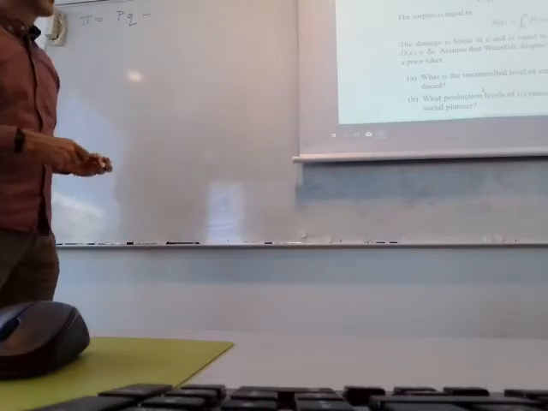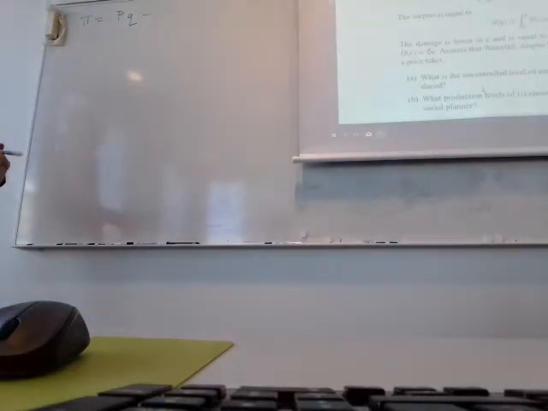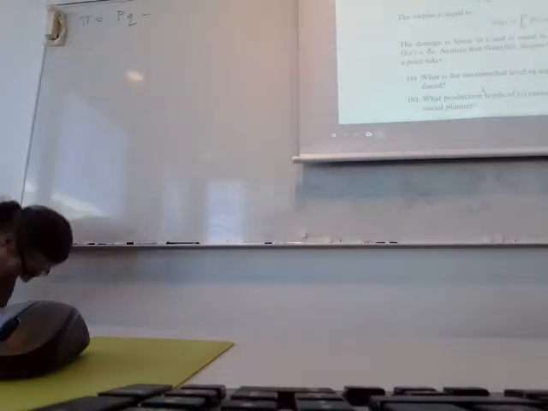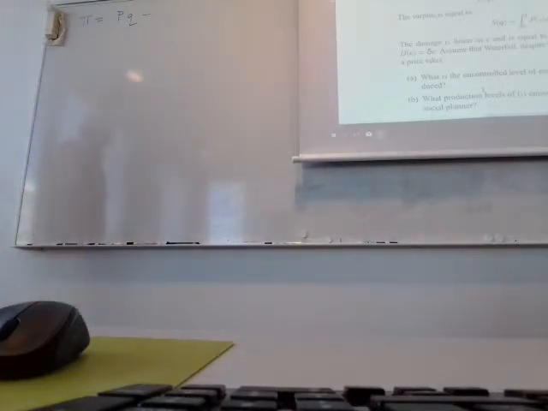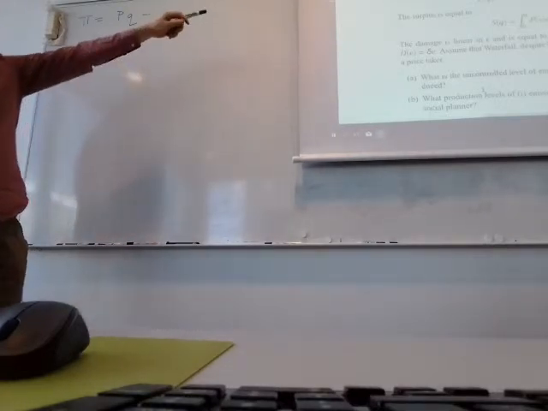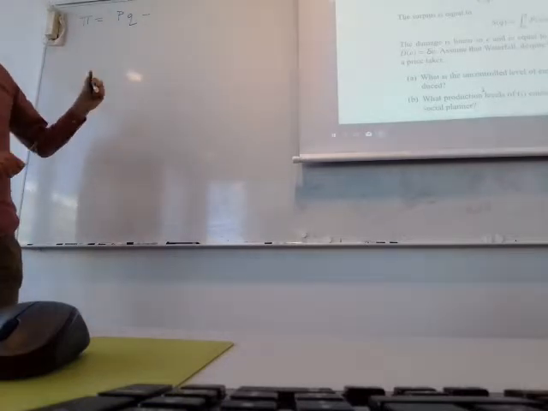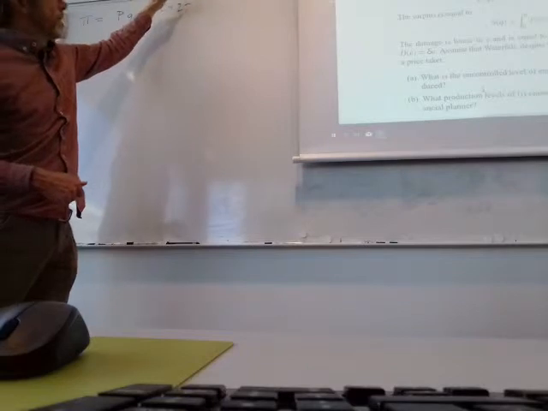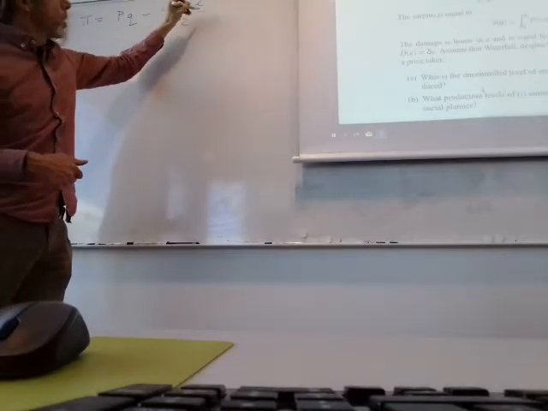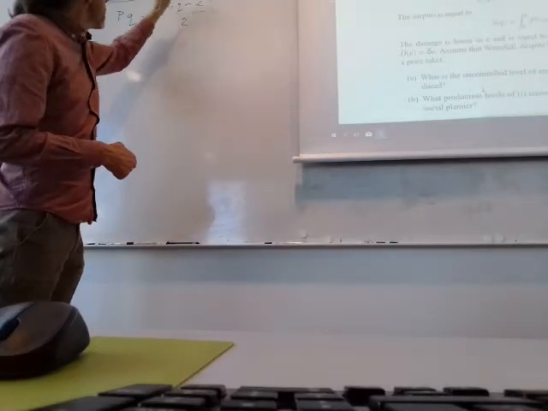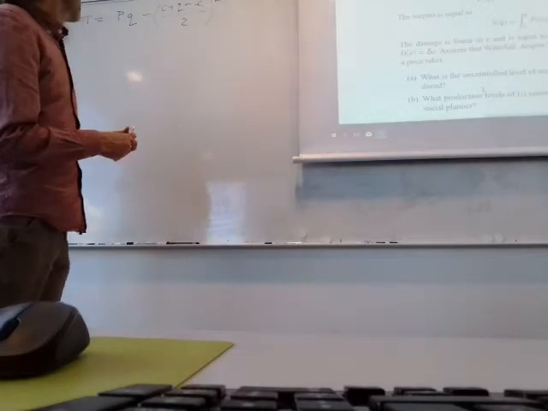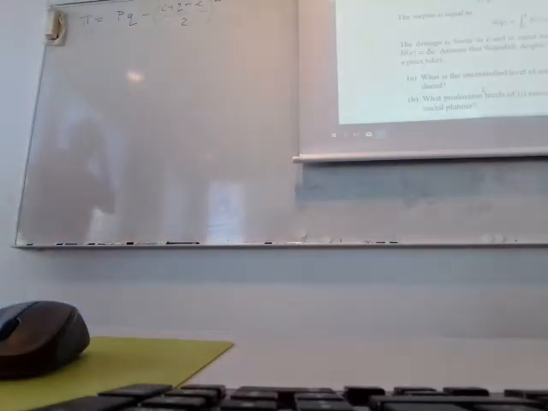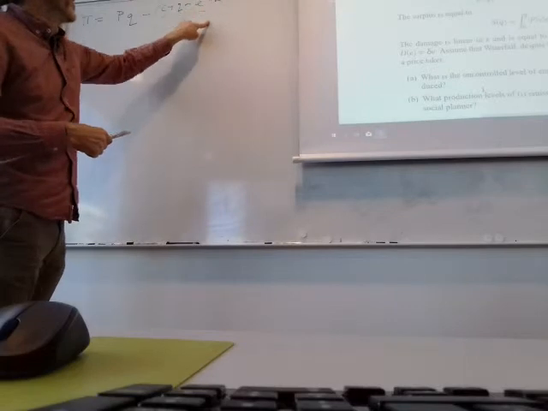PQ minus costs. And the costs we got over there: C plus Q minus E over 2, all squared. Isn't it just the top part that is squared? Oh yeah, thanks. I would have been in trouble again there.